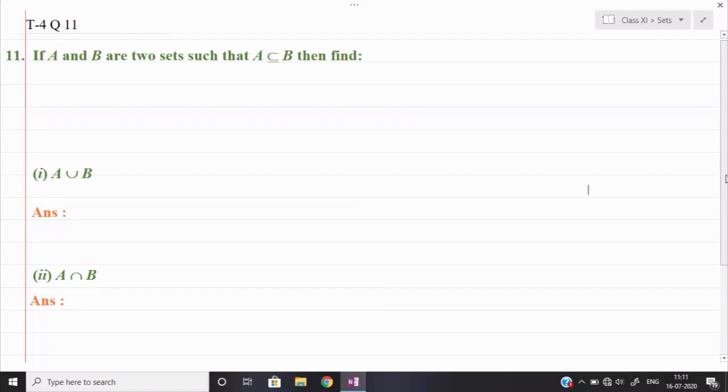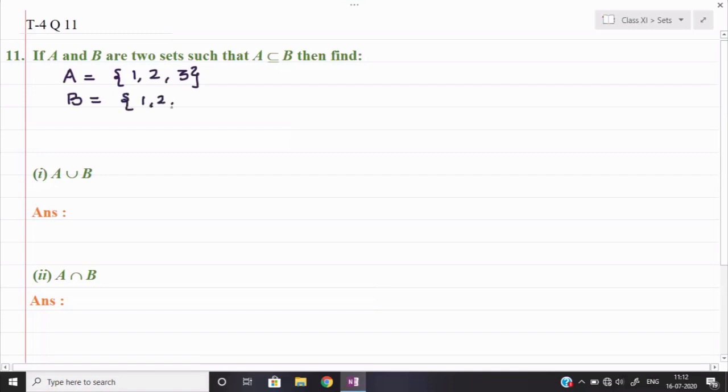So for example, suppose I take set A, because I need to take the values of sets A and B in such a way that A will be a subset of B. So suppose I take A equal to 1, 2 and 3. Okay. Similarly, suppose I take B equal to 1, 2, and sorry, 3 is also required because A is a subset of B, that is compulsory as told to us.